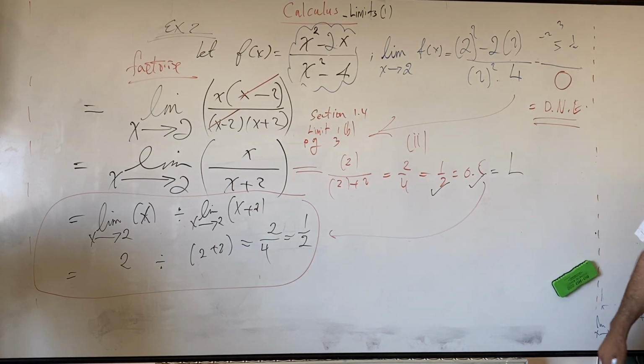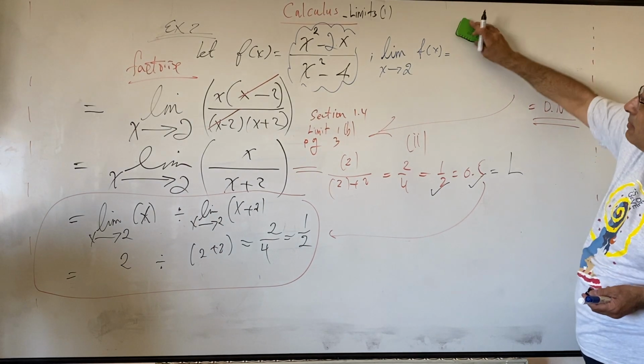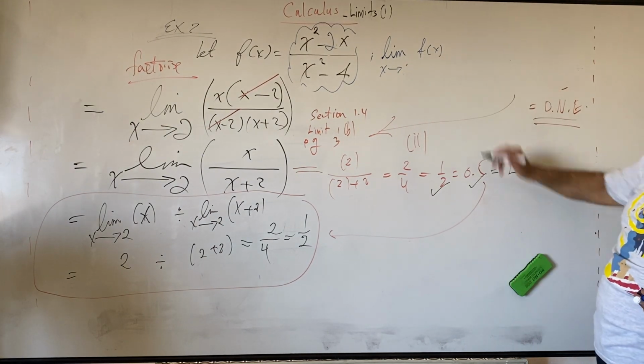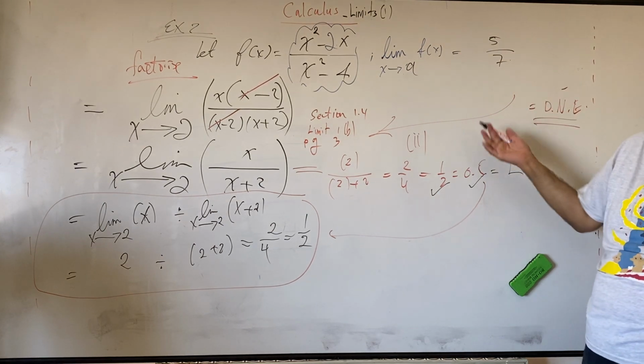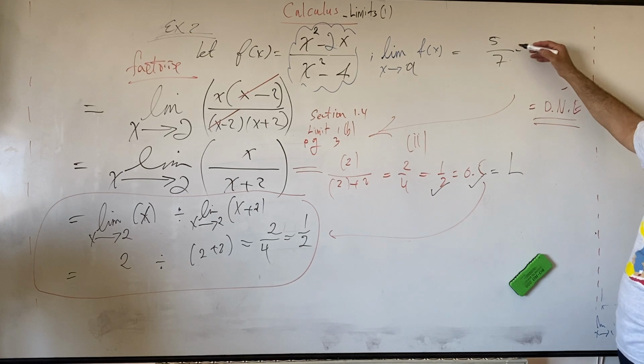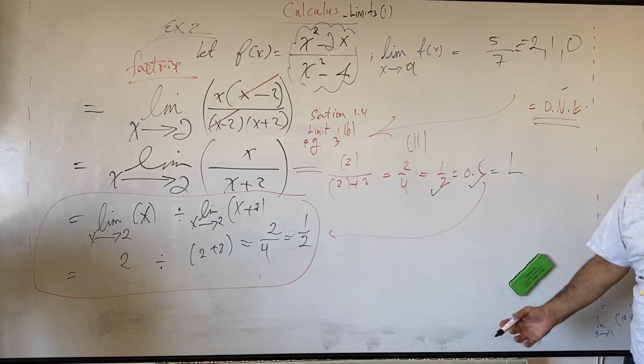It's exact anyway. But if you got, for example, this over 3, like let's say you substitute, regardless whatever this limit, which is called A, you may get 5 over 7. Stop it, 5 over 7. Or you may get 1 or negative 2 or maybe 0. 0 is an answer.